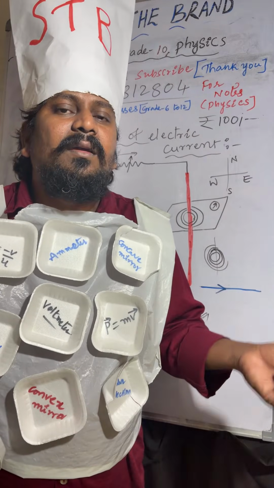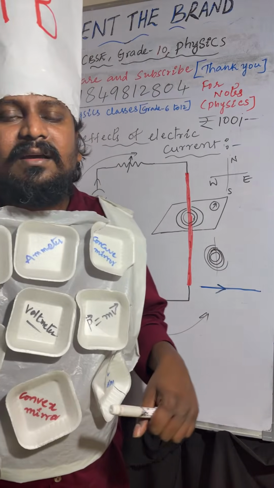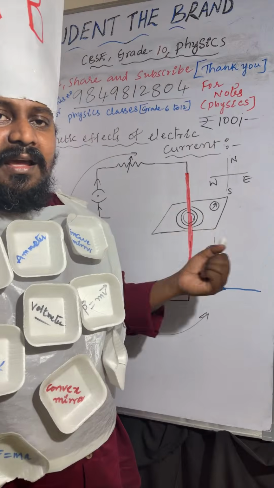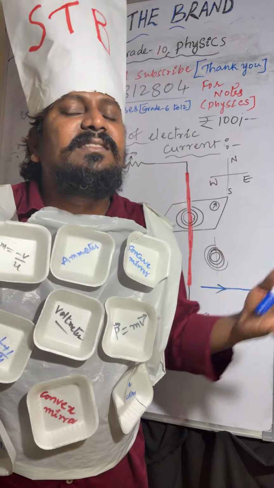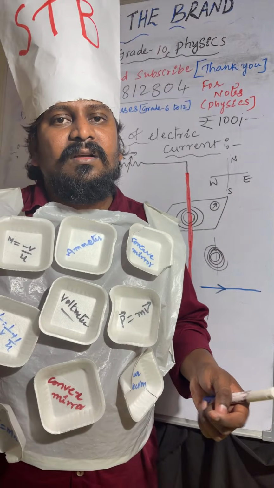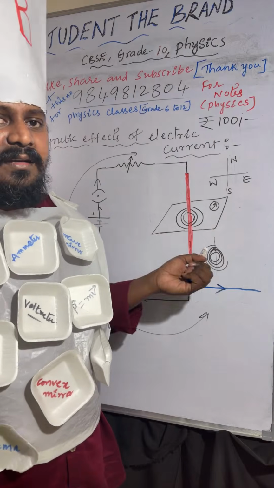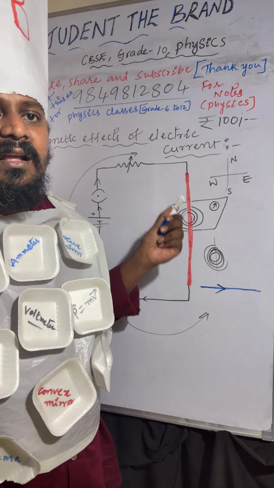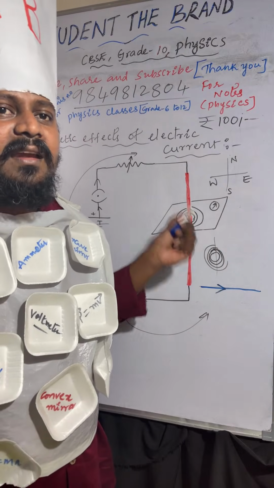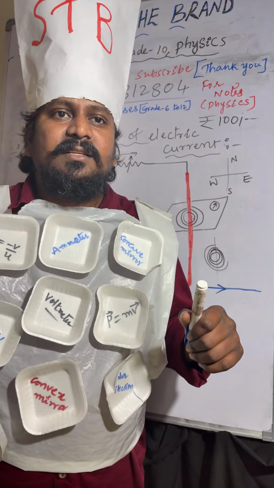Even if you take a straight conductor, around the straight conductor the magnetic field will be in the form of concentric circles, the magnet around the current carrying conductor. Here I am taking the straight conductor, and around it the magnetic field will be in the form of concentric circles.